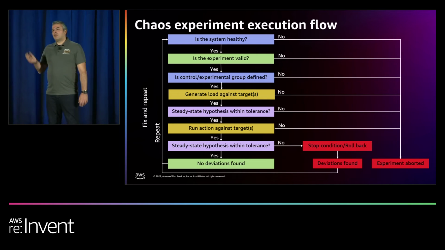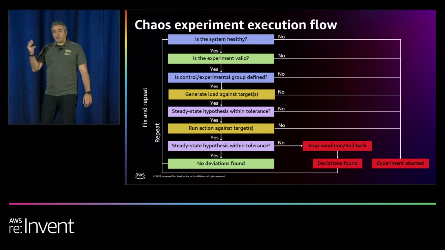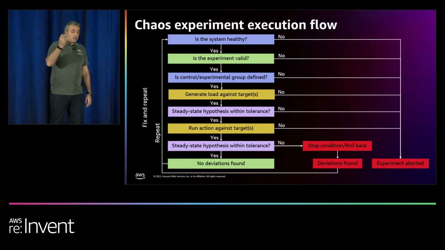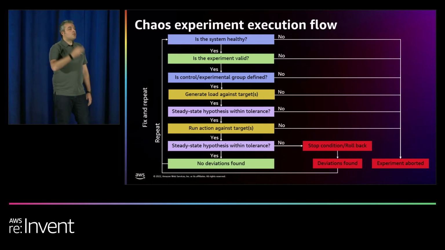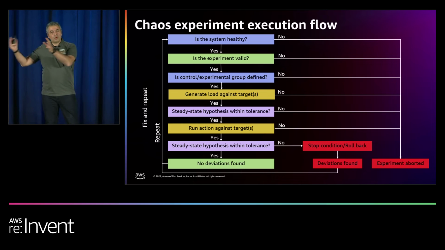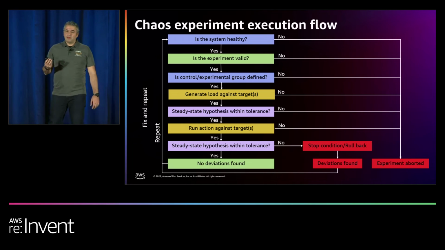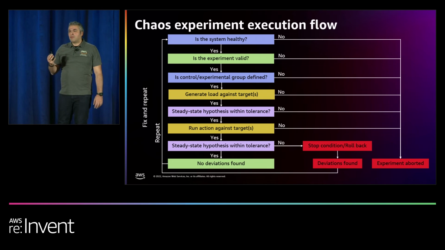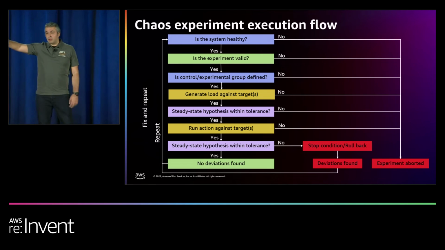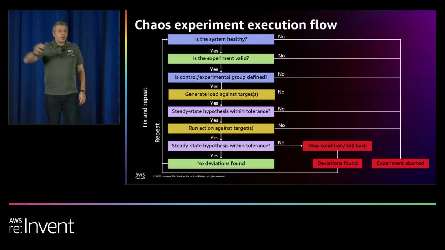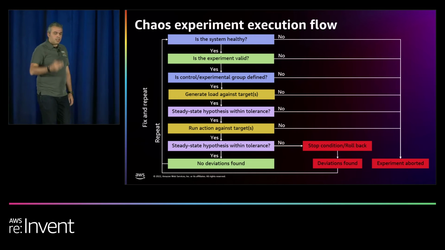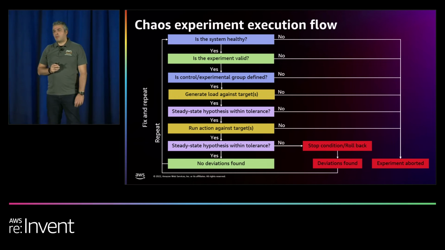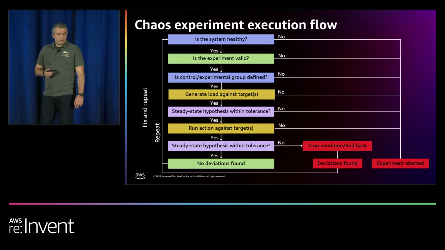And if we see that that control and experimental group is there and defined and up and running, then we start generating load against the control and experimental group in our environment. And we're checking again, is the steady state that we have in the tolerance that we think it should be or not? If it is tolerant, then now finally we can go and run the experiment against the target.